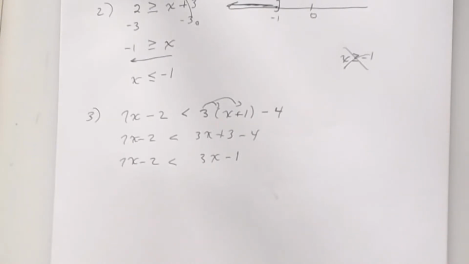All right, now we're dealing with a linear inequality. The rest of this is the same way you would do a linear equation. So bring all the variables to one side, constants to the other. It's always a good idea to bring the variables to the left-hand side. So I'm going to subtract 3x on both sides.